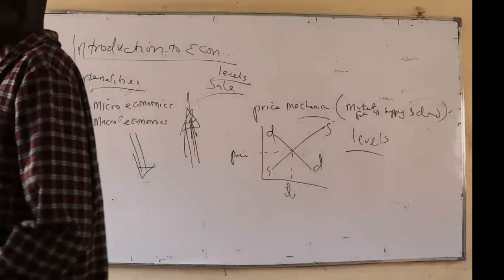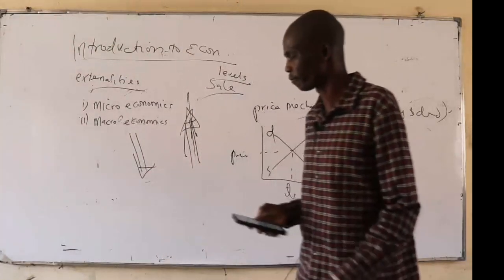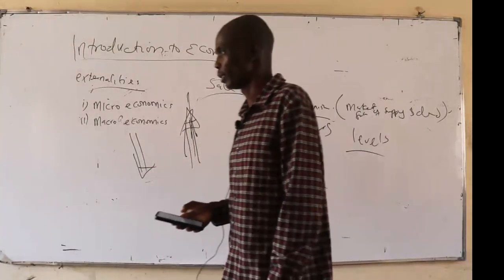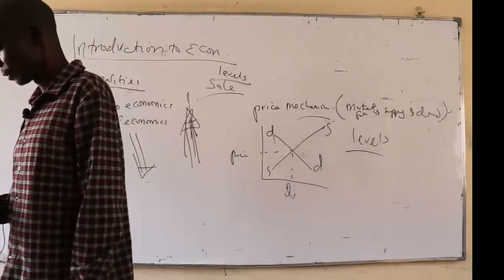And again, when we talk about unemployment during depression, few firms are operating, and therefore the majority of the workers are laid off. It may lead to that because there's no planning beforehand.